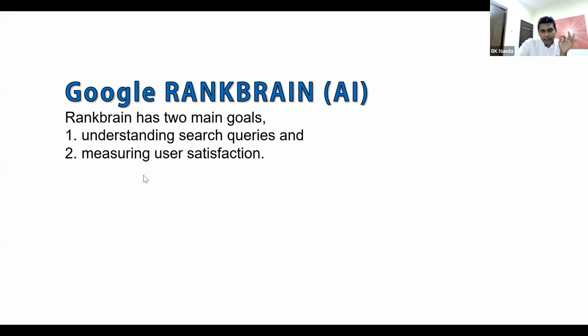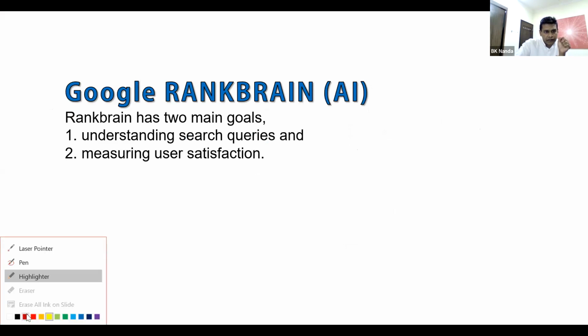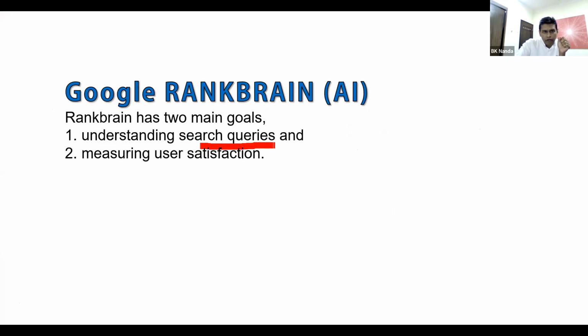So when you type something and look for it, the search engines are actually trying to understand what you are looking for. That's number one. If it can understand your intention, it's going to suggest, say, the first 10 websites.